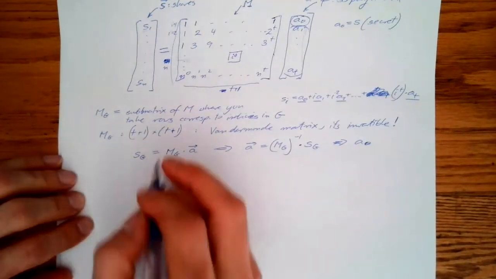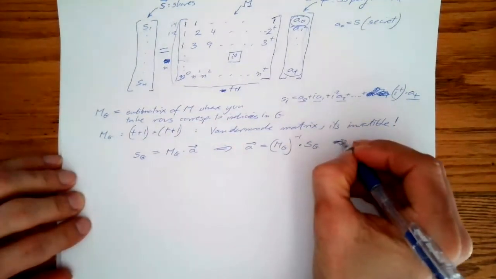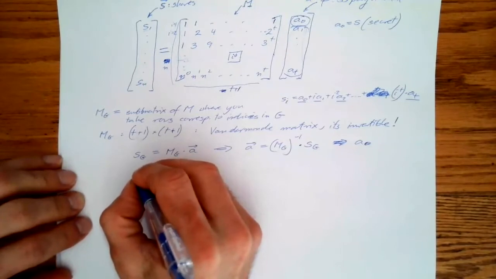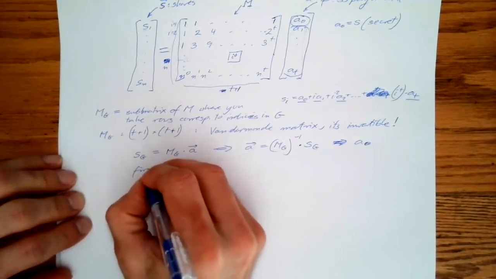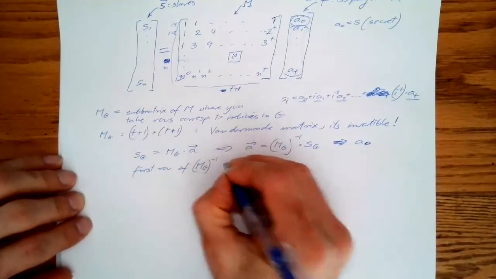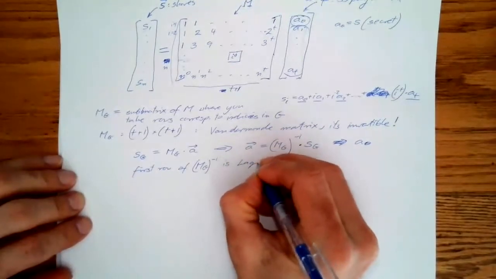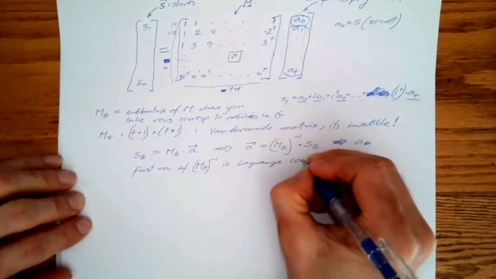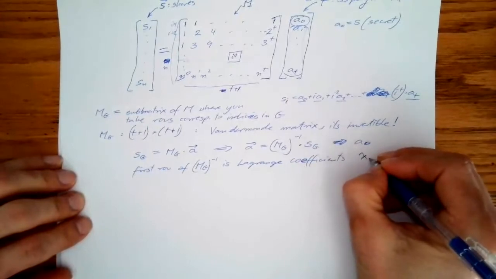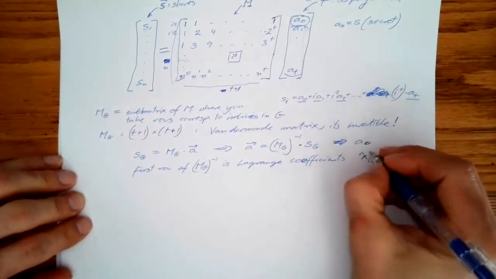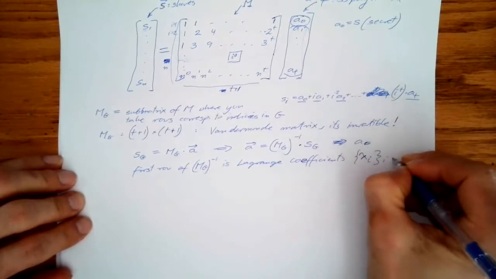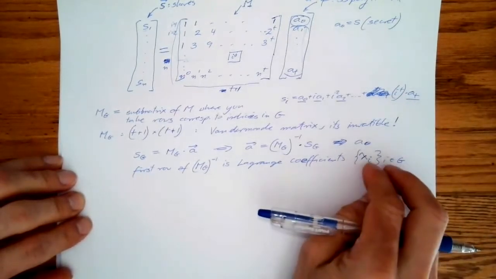So this row has a known form. The first row of this matrix is known as the Lagrange coefficients, lambda_i, i in G. So it's a vector of t+1 coefficients.